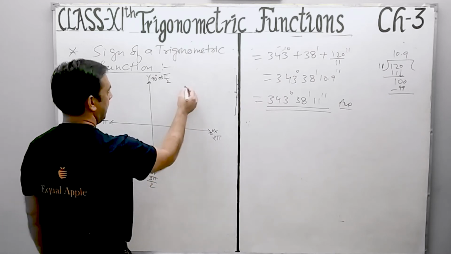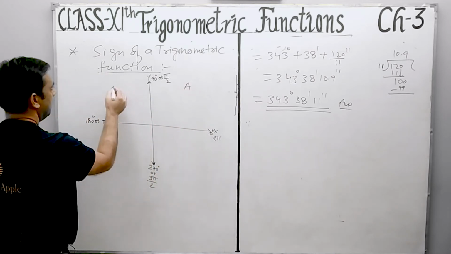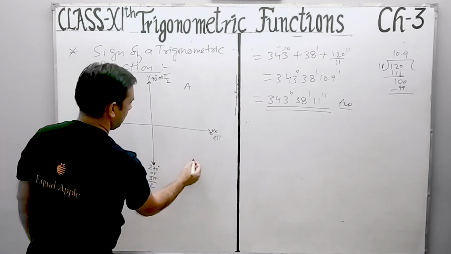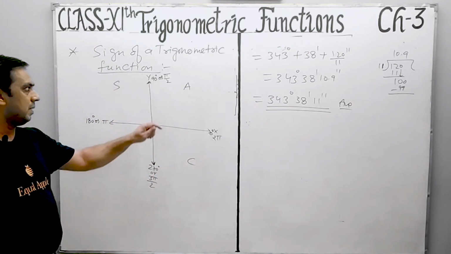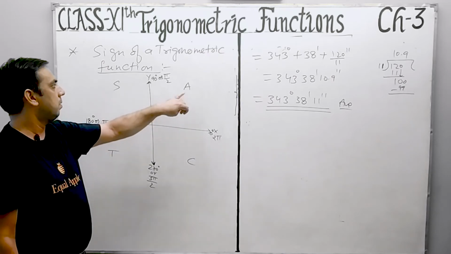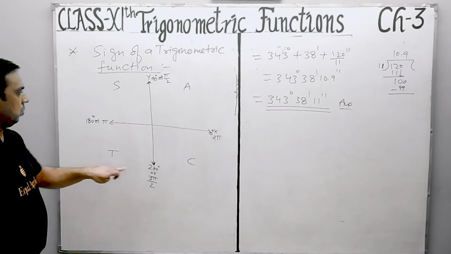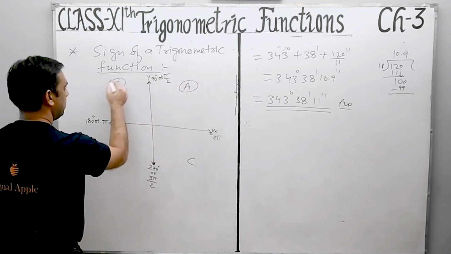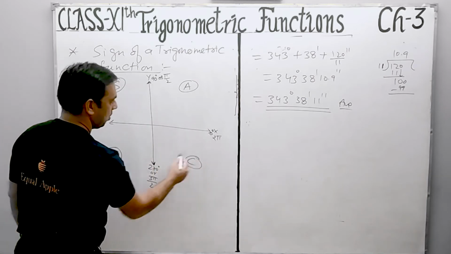So in quadrant rule, we will take one trick, A, S, T, C. You can learn it as add sugar to coffee.